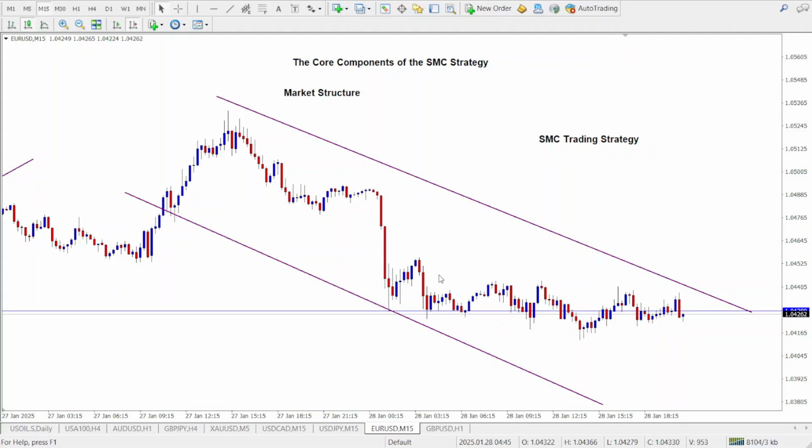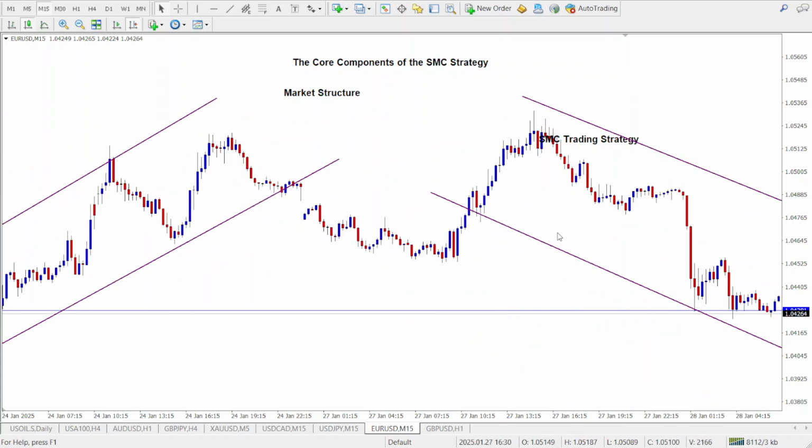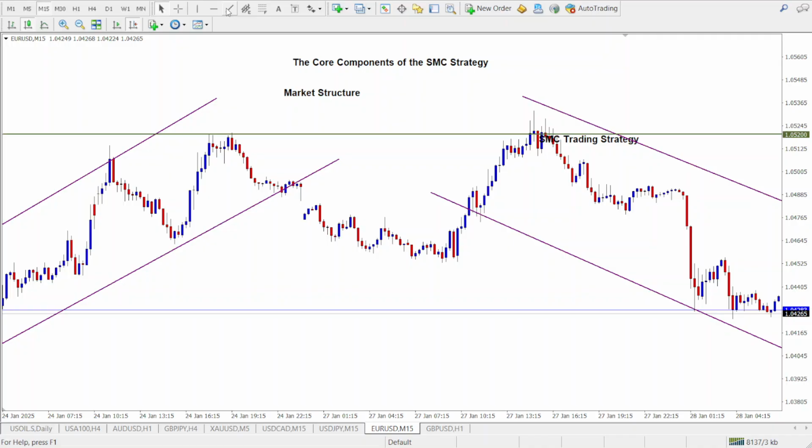Understanding market structure helps you recognize whether the market is trending or consolidating, which will guide your trade setups. In the SMC strategy, it's crucial to identify key support and resistance zones where price is likely to break or reverse.